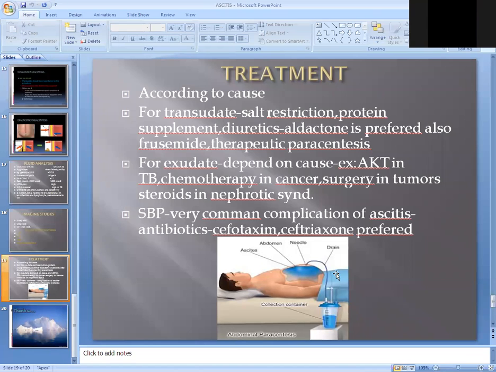Therapeutic paracentesis removes 1 or 2 liters of the fluid from the abdomen so that the patient gets relief. So that is the treatment of ascites for transudate or exudate: mainly salt restriction, diuretics, and therapeutic paracentesis.